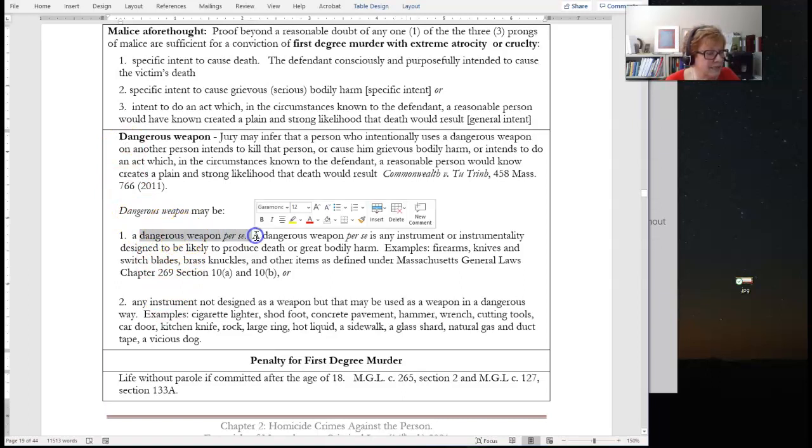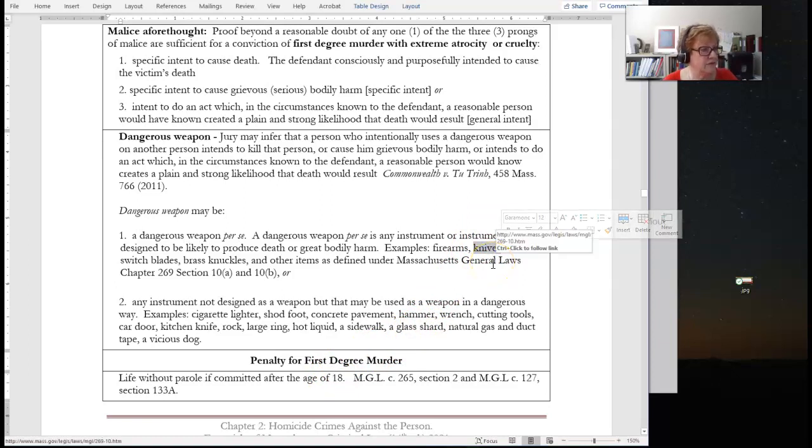It wasn't designed maybe to be a dangerous weapon, but it can be used as such depending upon what kind of knife it is. If it's a hunting knife or a cutting knife, it is considered a dangerous weapon. But even things that are not designed to be used as weapons may be considered a dangerous weapon for purposes of analyzing a homicide case.